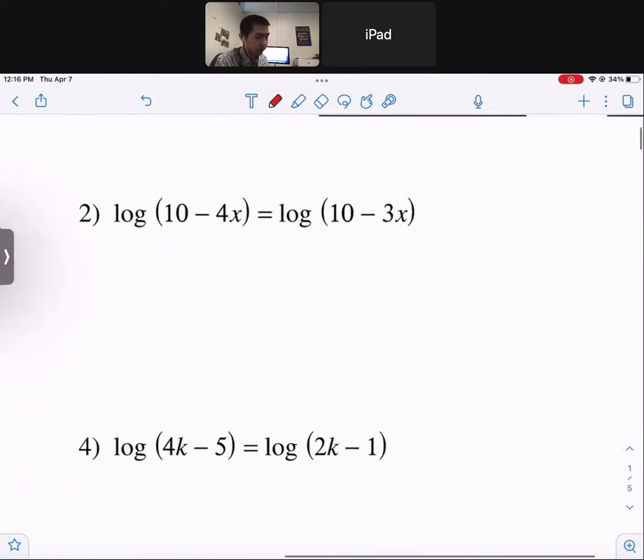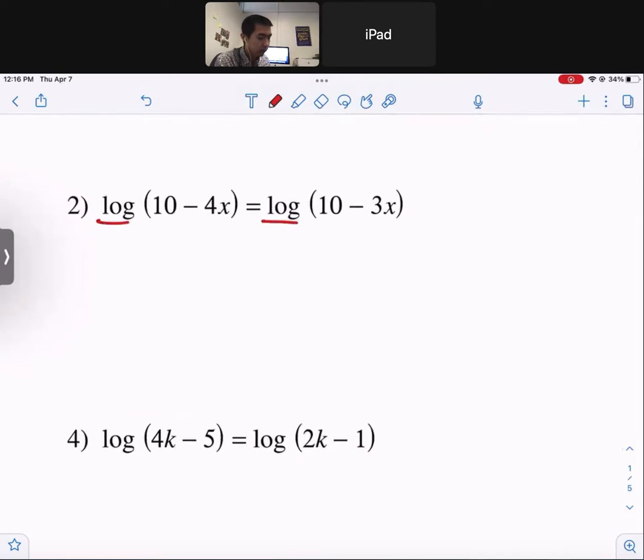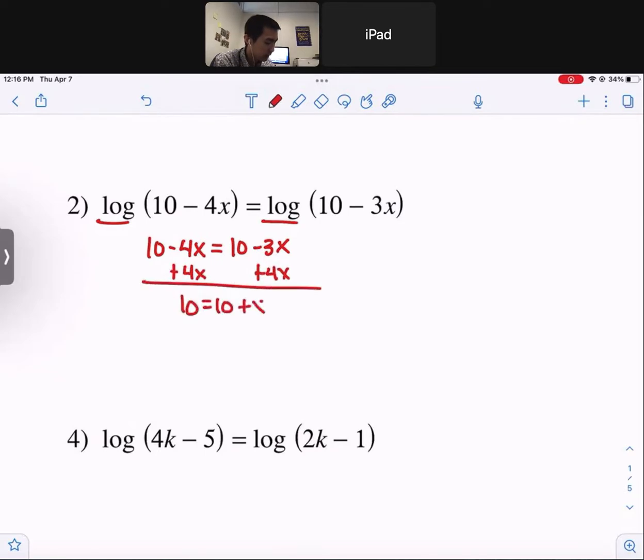Now, when we do number 2, again, it's a log equals a log, so we're going to set both of the arguments, or the things inside the parentheses, equal to each other. And now we just solve for x. I'm going to get my variables on the right-hand side, so we get plus x, and I'm going to get my constants to the other.